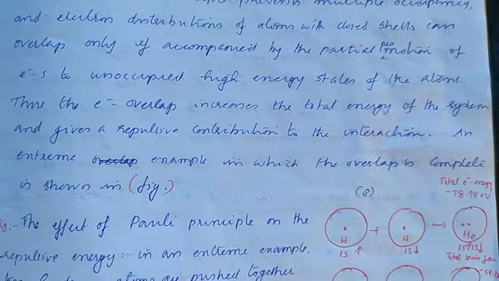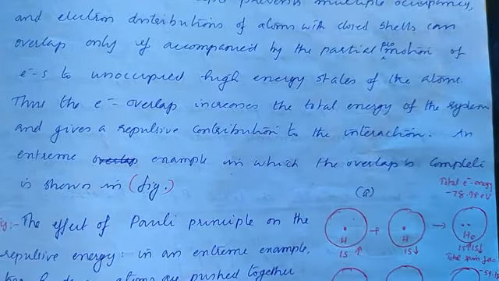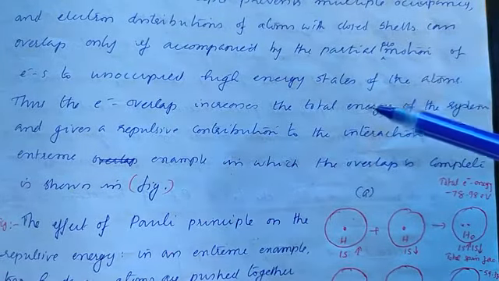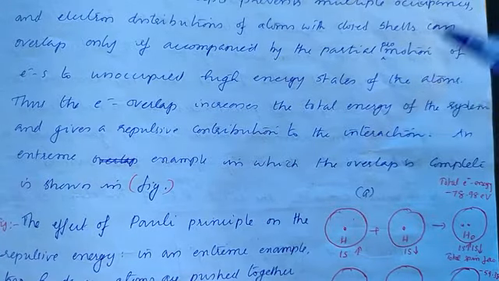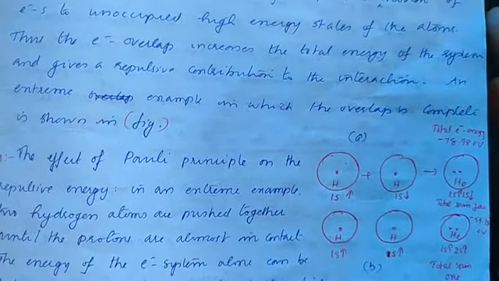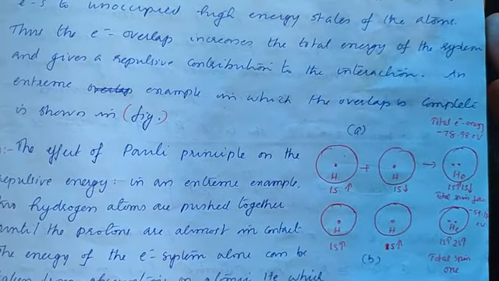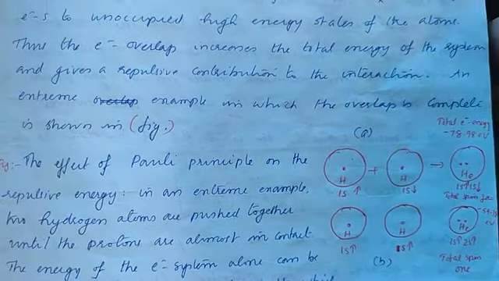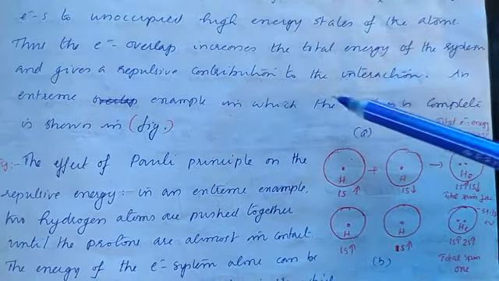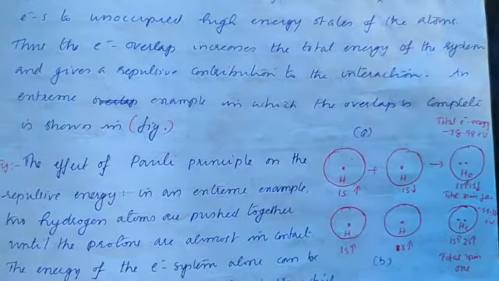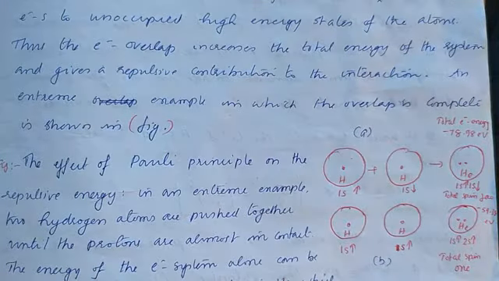So it is possible only when the electrons get a promotion from the lowest energy to the high energy states. Thus the electron overlap increases the total energy of the system and gives a repulsive contribution to the interaction. Hence the interaction becomes repulsive.